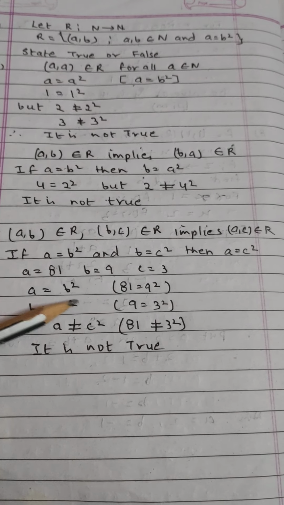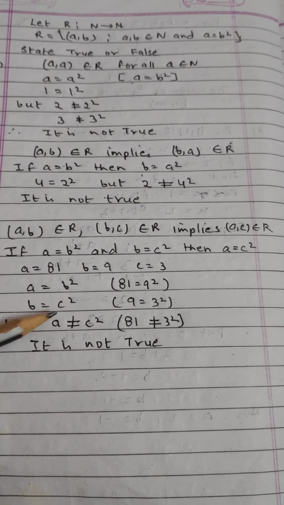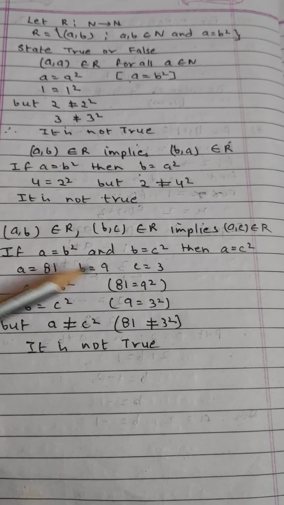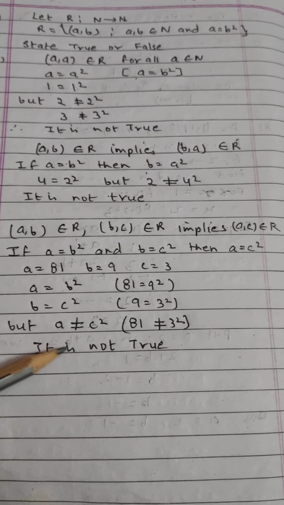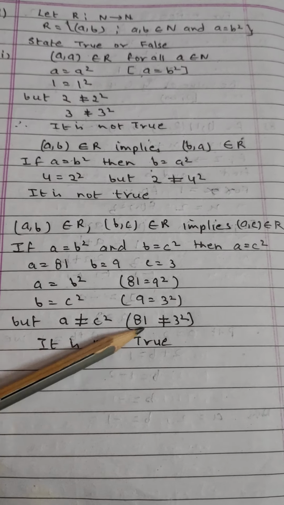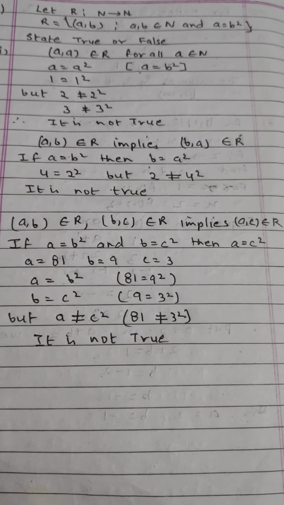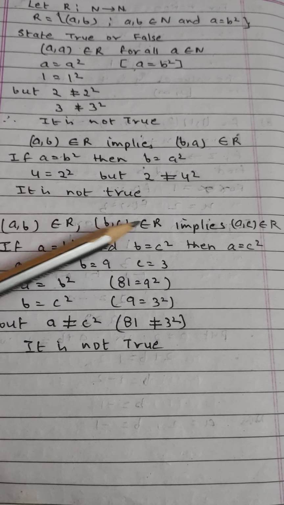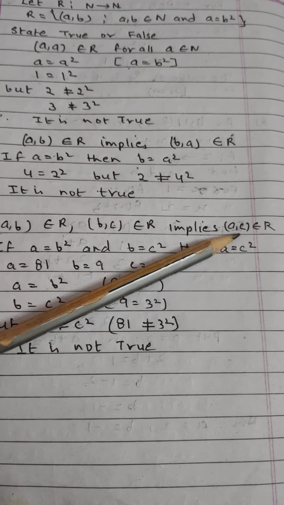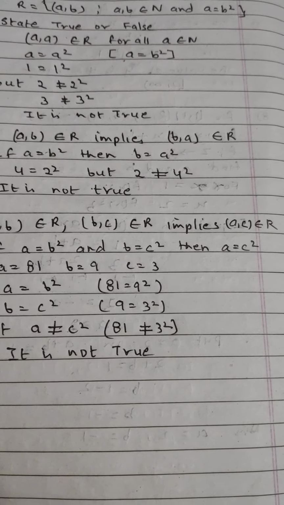See, A is equal to B square, 81 is 9 square, B is equal to C square, 9 is equal to 3 square. But what is the relation between A and C? A is not equal to C square, 81 is not equal to 3 square. So this relation AB belongs to R, BC belongs to R implies AC belongs to R is not true.